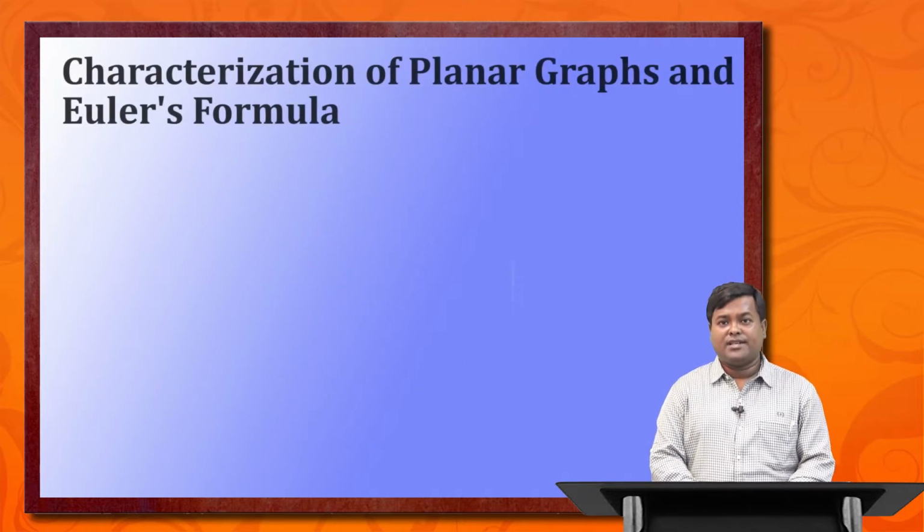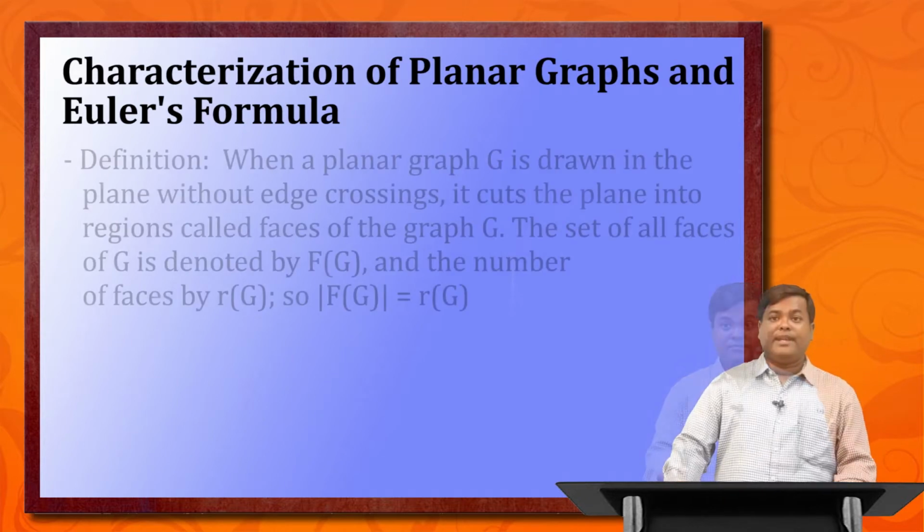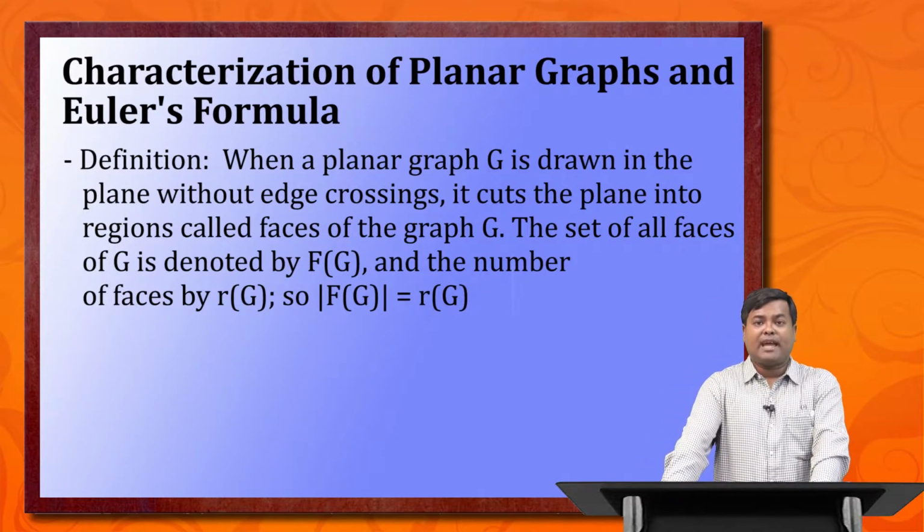Now let's see some characterization of planar graphs and Euler's formula. When a planar graph G is drawn in the plane without edge crossing, it cuts the plane into regions called faces of the graph G. The set of all faces of G is denoted by capital F and the number of faces by small r.